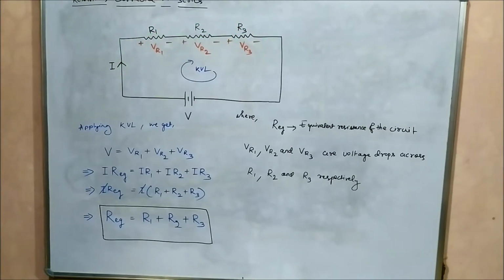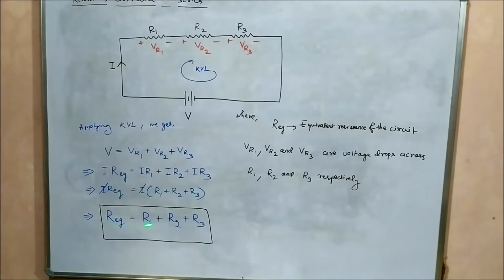So the equivalent resistance for resistors connected in series, any number of resistors connected in series, is simply the sum of the individual resistances. Suppose there were n resistors connected in series, then R equivalent would be equal to R1 plus R2 plus R3 plus R4 plus R5 plus dot dot dot plus Rn, the sum of the n resistors connected in the circuit.